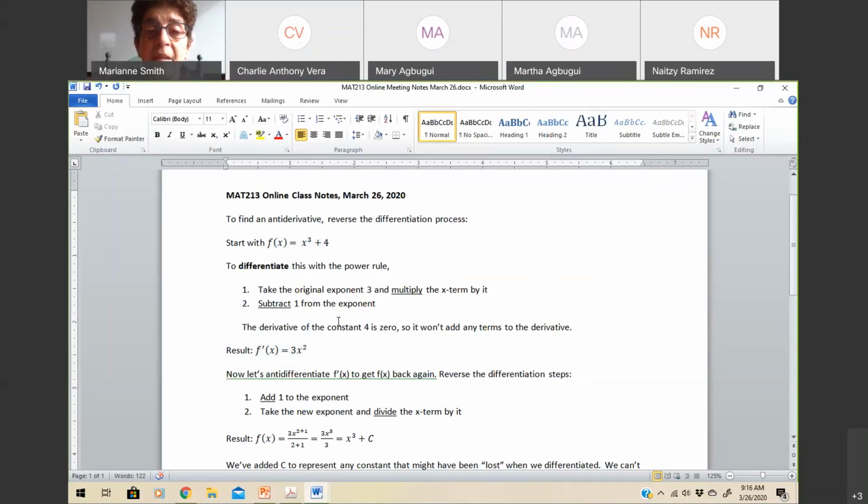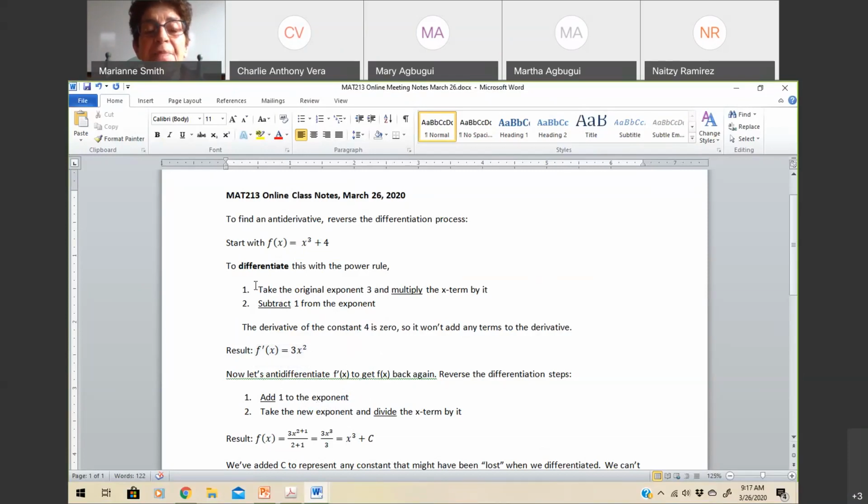Everybody, I'm sure, will agree that the derivative of f of x is 3x squared. Now we want to reverse the steps of differentiation. How do we do that? We go backwards up the process. We handle step 2 first and reverse all the operations in it. Step 2 was subtract 1 from the exponent. So our first step to get f of x back is to add 1 to the exponent, so now this would be 3x to the 2 plus 1.